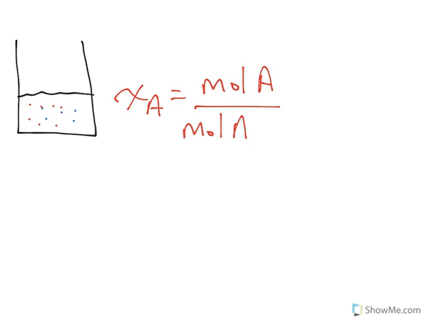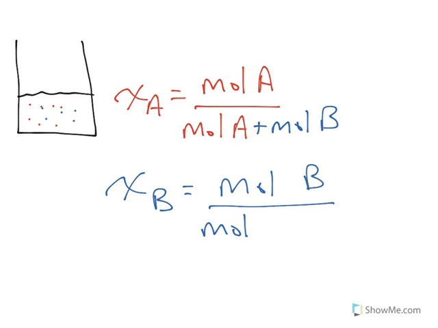If I wanted to look at chi A, that's going to be the mole of A divided by the mole of A plus the mole of B. You can also express mole fraction in component B, where you could say chi B would be the mole of B divided by the mole of B plus the mole of A. And you can imagine if you had a third component, you would have to put mole of C in the denominator, and if you had a fourth component, you need to put the mole of D in the denominator, or what's on the bottom.